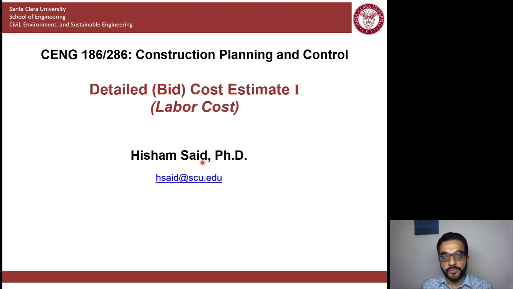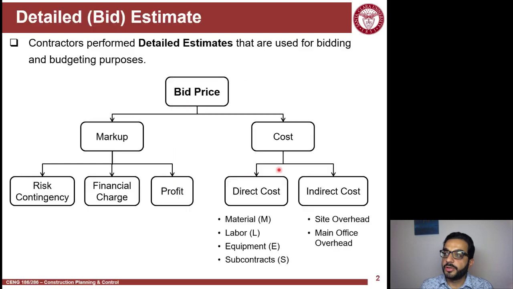This is the fourth video of the series on construction cost estimate. And it's the first part of the subtopic, which is detailed cost estimate. So we'll cover it over 3 videos here. This is the first one. In the first one here, we'll introduce the idea of developing detailed estimates.